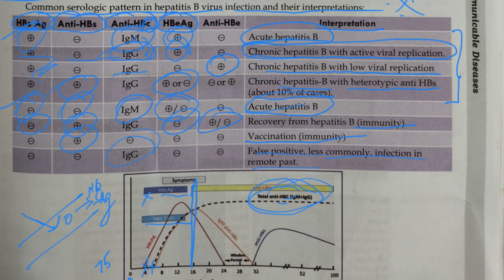I think the graph is almost over, but here anti-HBs is present, and they have given this. We are still here, right? Okay, we are still here. Now we are coming here.